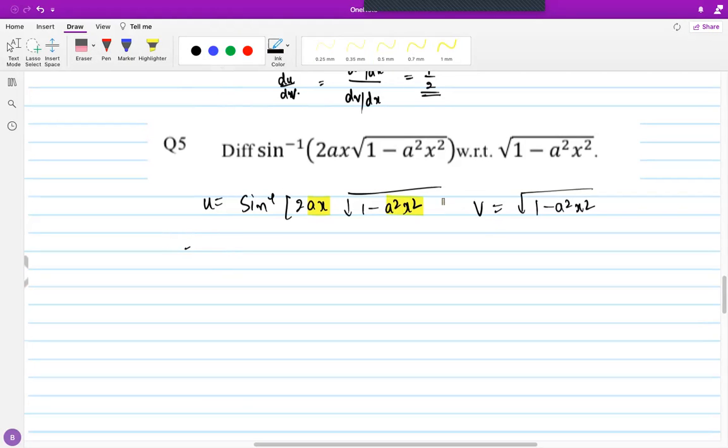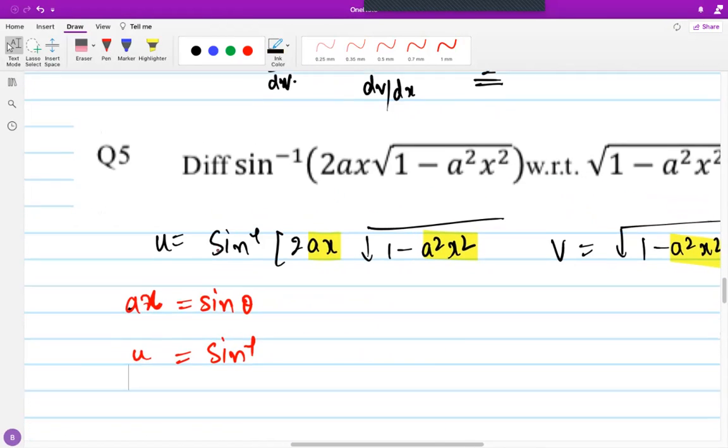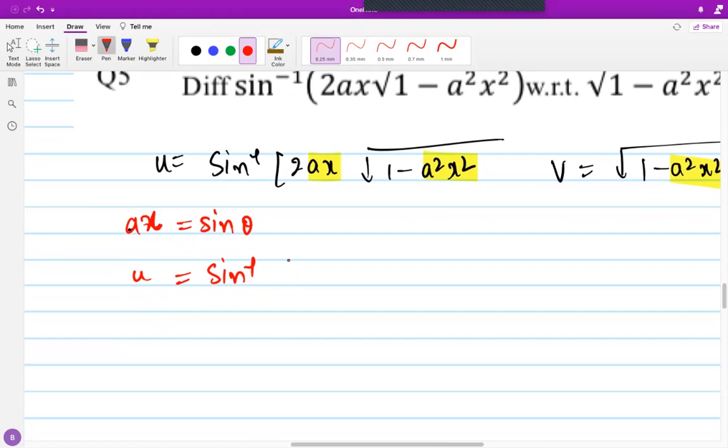We have ax the whole square. Because of that, I can write ax is equal to sine theta, because I need to get sine inverse of sine. So u equal to sine inverse of 2 into sine theta square root of 1 minus sine square theta.